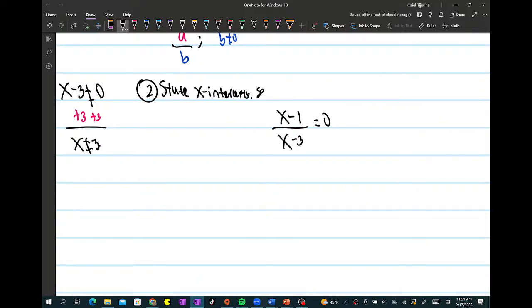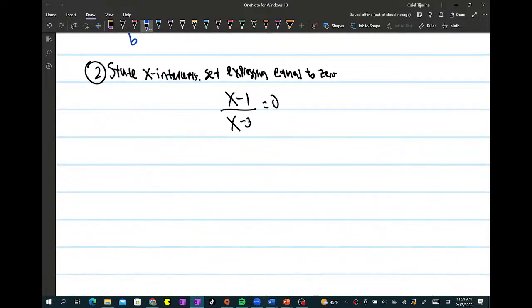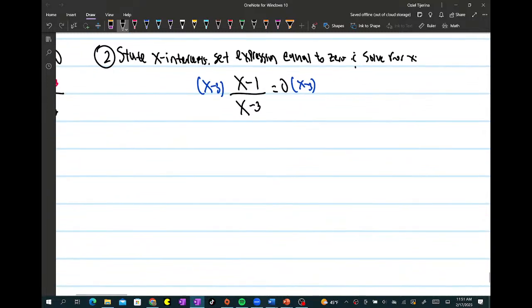So set the expression equal to 0. Okay. So we're going to go ahead and do that. When we set it equal to 0 and we solve for x, this becomes x minus 1 equals 0, and we add 1 to both sides, and we know that x equals 1.